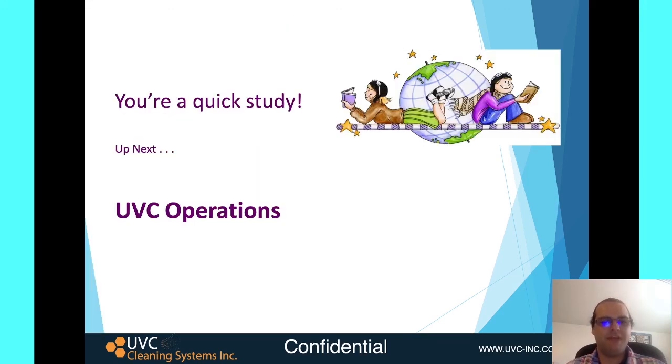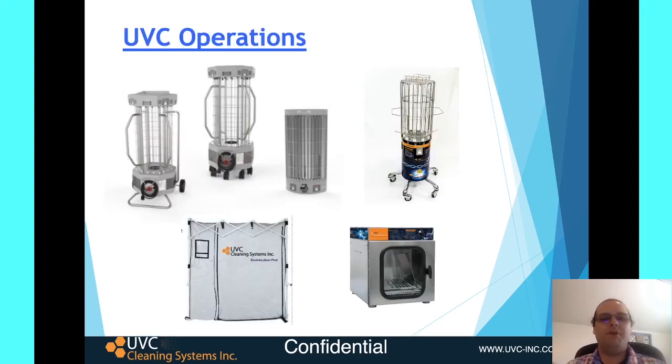Last up is UVC Operations. When it comes to operations, all of our products use a little bit different functionality. Most of our products use some type of a wireless remote or iPad in order to track the functionality. When it comes to the mobile products, we use an RF or an ISM band remote in order to control the activation and deactivation of our products.